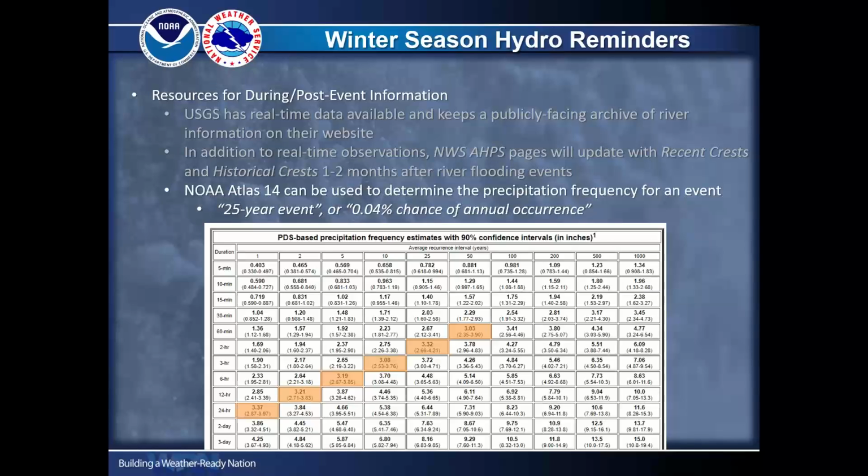It can be rated to give you an idea of the average recurrence of seeing something like this, kind of like a probability. So when you hear about 100-year flood events or 100-year rain events, it's not saying that that event is likely to occur once every 100 years.